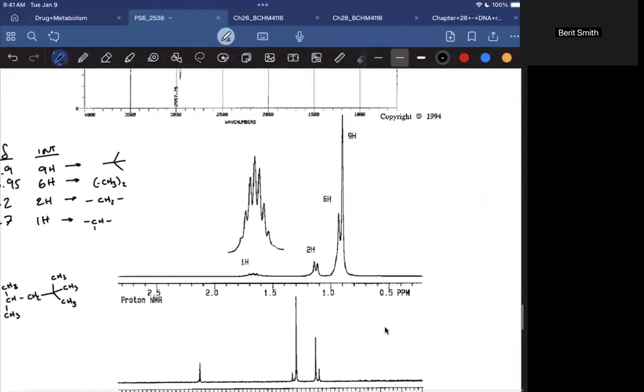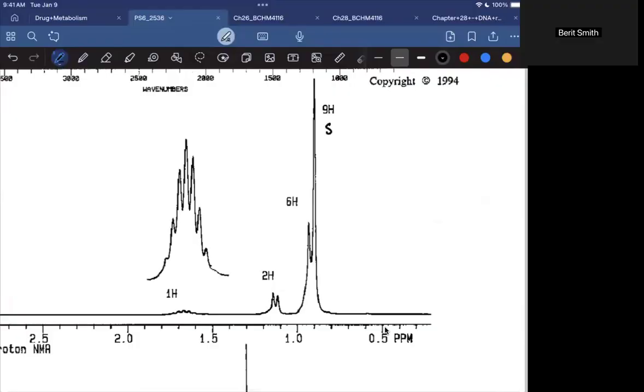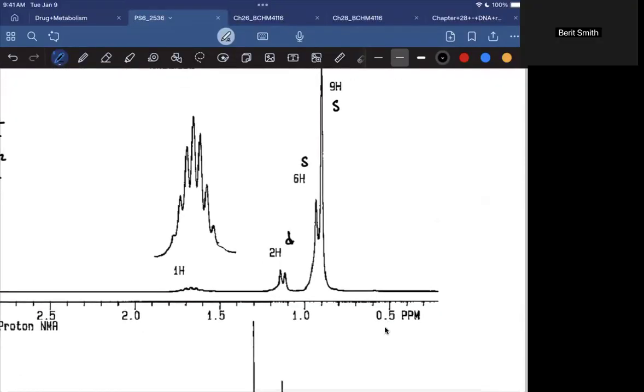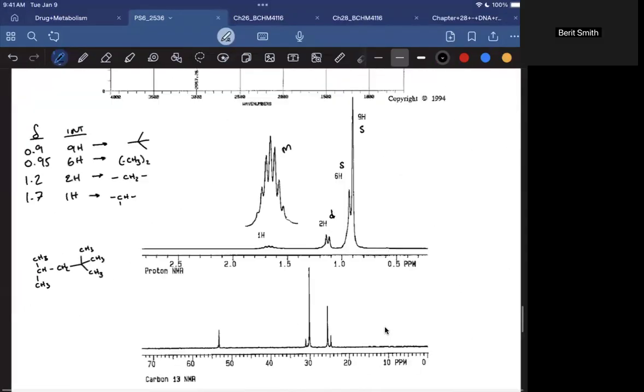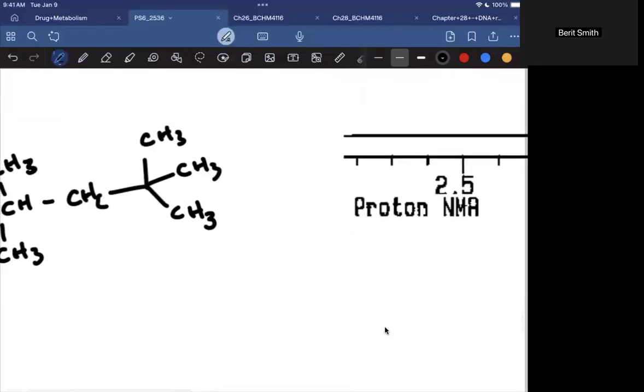And then let's see, this is a singlet peak. This is a singlet peak, doublet, and then this is just going to be a multiplet. So the 9H was a singlet, and these are all next to a carbon that has no hydrogens. So 0 plus 1 is a singlet.